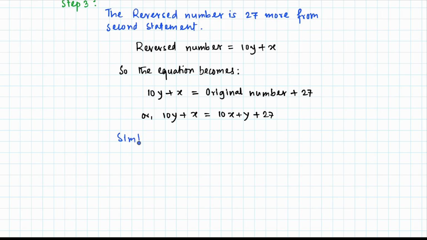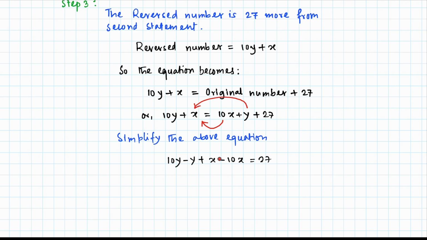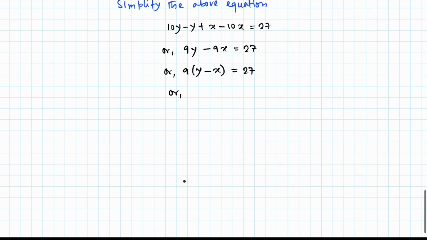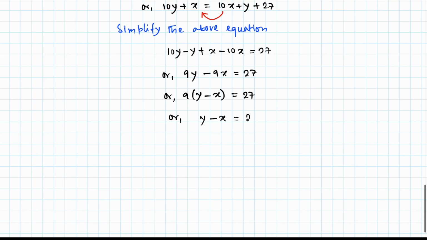Now we have to simplify this equation to get the second equation. So we have 10y minus y plus x minus 10x equal to 27. We are transposing this from the right hand side to the left hand side. So the equation becomes 9y minus 9x equal to 27, or 9 common, y minus x equal to 27 by 9, which is 3.